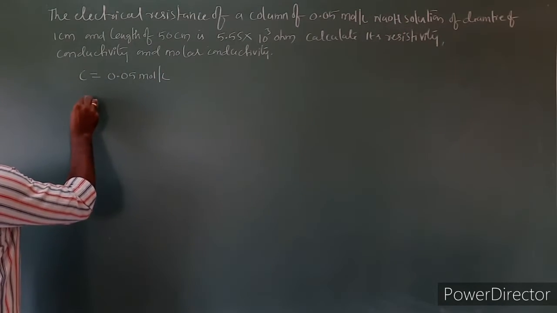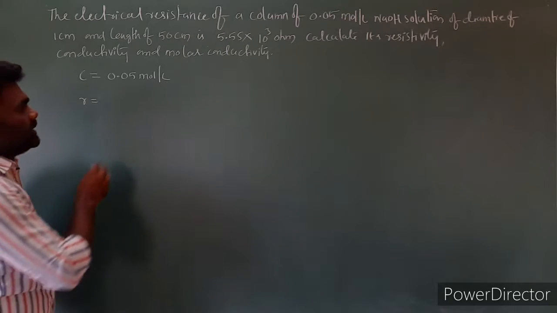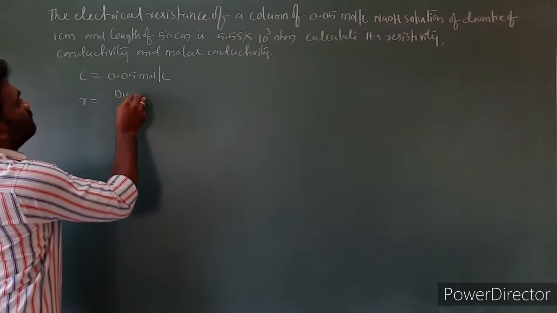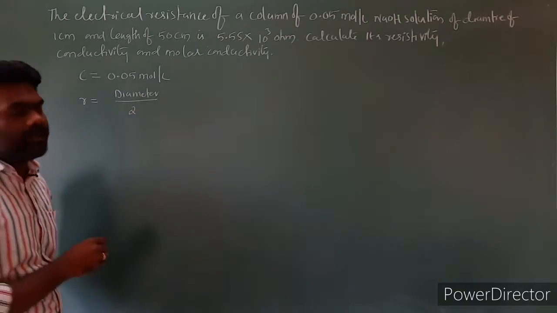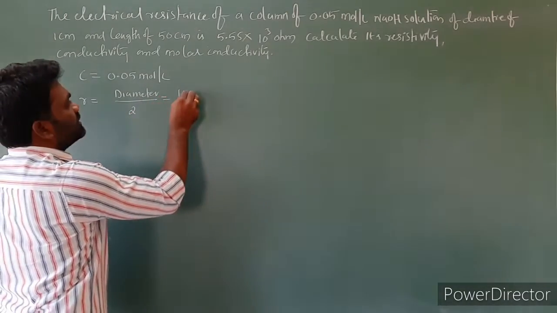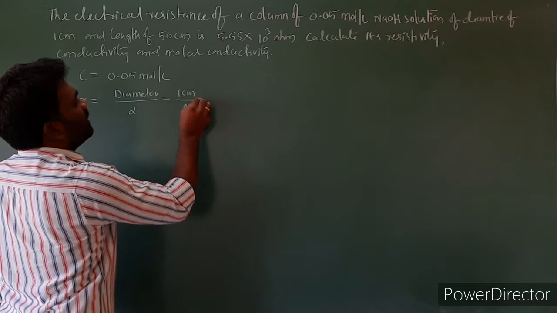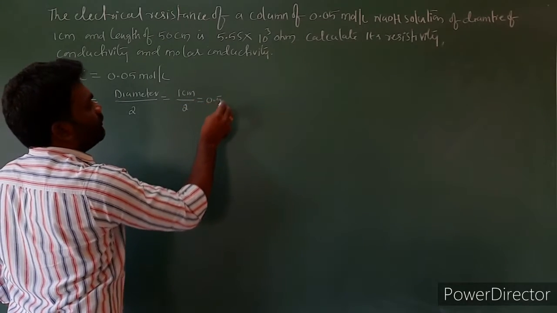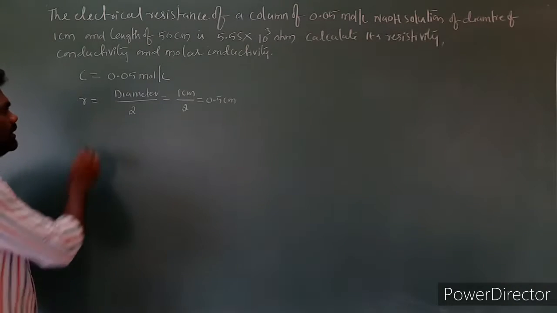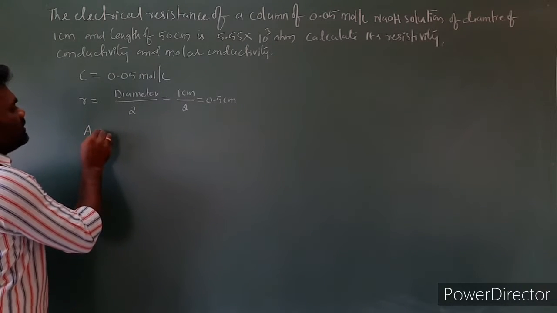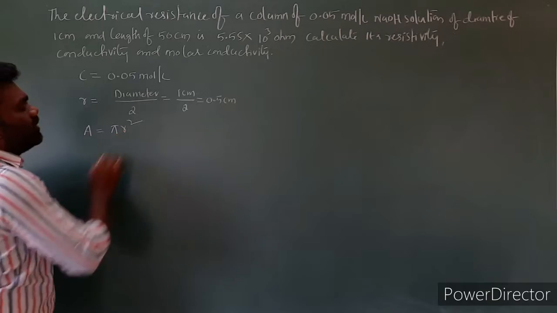Diameter of 1 centimeter is given, then we have to find out radius r. R is equal to diameter by 2, so 1 centimeter by 2, that is equal to 0.5 centimeter. Then we have to find out area. A is equal to pi r square.